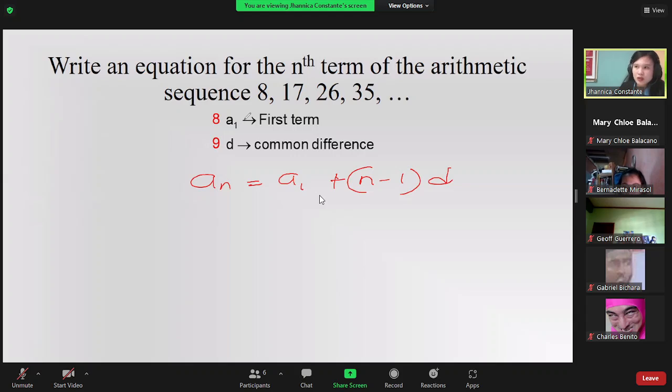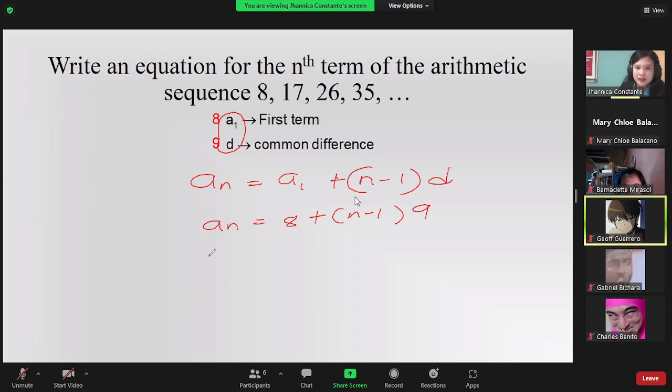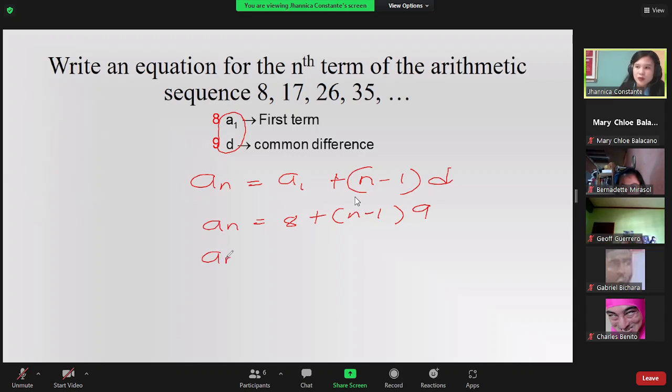Just substitute the given value of your first term and common difference. So we have an equals 8 plus n minus 1 times 9. So an is equal to 8 plus 9n minus 9. So the equation of our arithmetic sequence is equal to 9n minus 1.